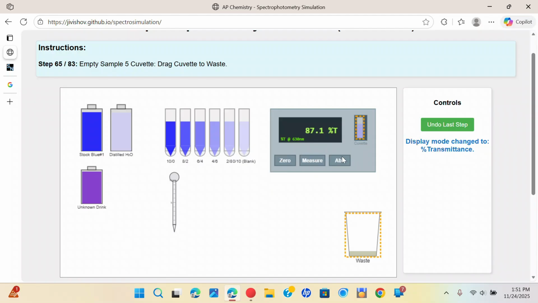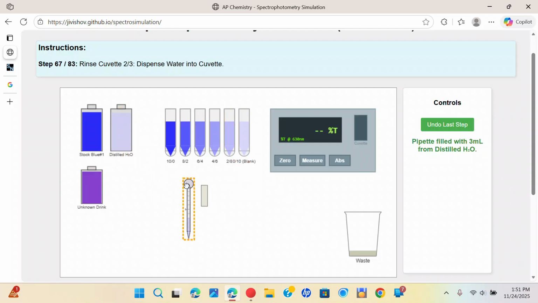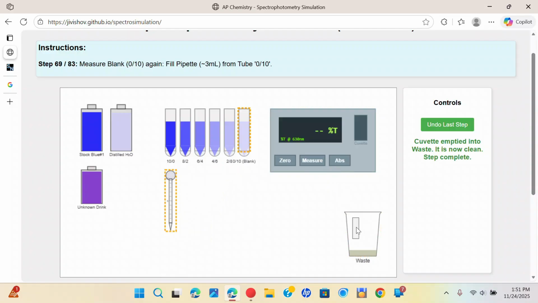Where is that? No, sorry. Here it is. 87.1% transmittance of light. That's how much light passes through. So now put that in the waste bin. Now we can measure our. Oh, sorry. After we rinse it. So yeah, we rinsed it.